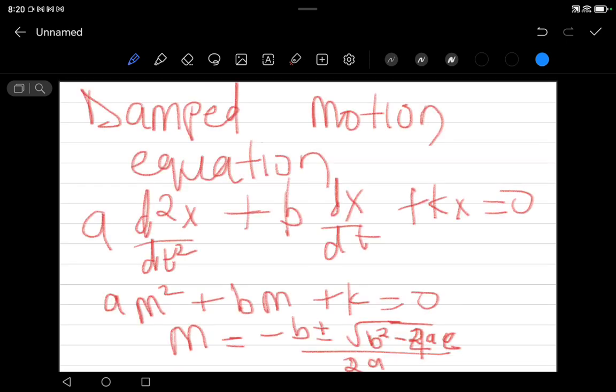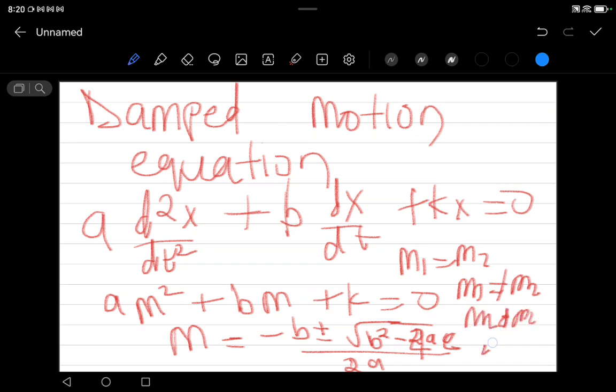Actually, it's going to depend on the values of m. If m1 equals m2, or m1 does not equal m2, or m1 and m2 are complex. So here you're going to check, and then you write your complementary function. Okay, it's going to be your displacement.